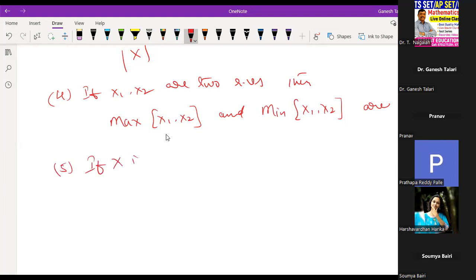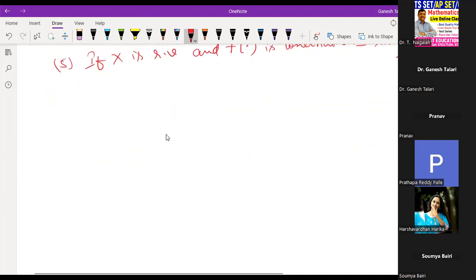If X is a random variable and the function f dot is a continuous function, then f of X is a random variable. Even if f dot is an increasing function, f of X is also a random variable. Okay. So these are some properties of random variable.